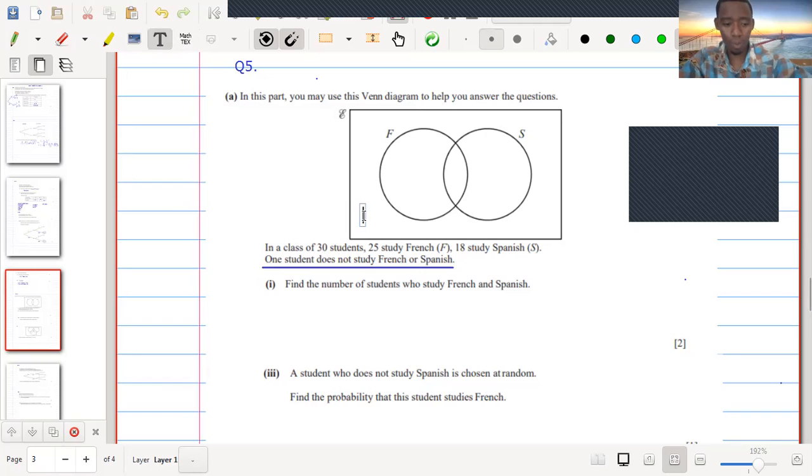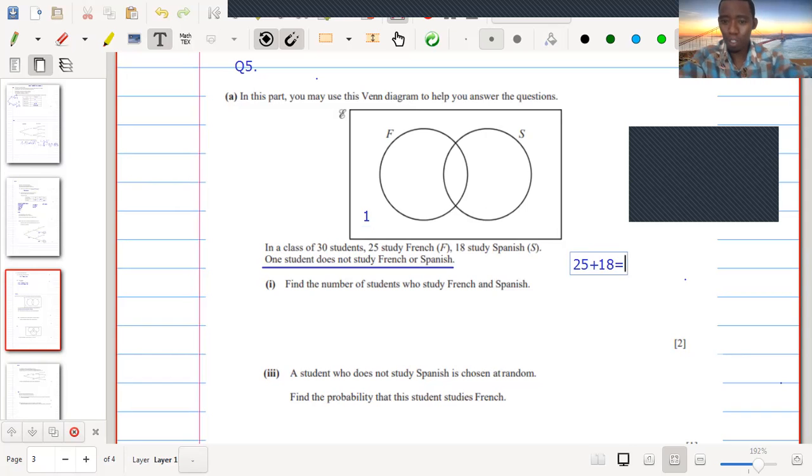Let me put one student there outside, and they are 30. Don't forget. Then among those 29 remaining, we have 25 study French, 18 study Spanish.